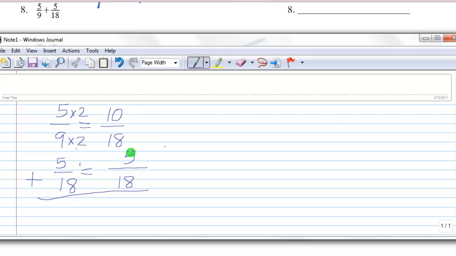So now we're just going to add the tops, the numerators, and 10 plus 5 is 15. Keep your denominator of 18, but as always, check to see if you can simplify. And 3 goes into both of these, so we're going to divide by 3. And 15 divided by 3 is 5. And 18 divided by 3 is 6, so our answer is 5/6.